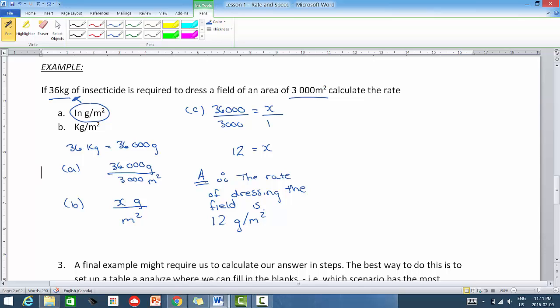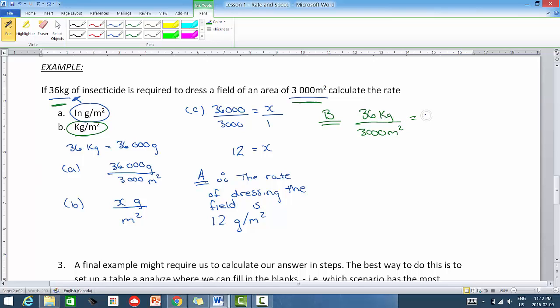So that was A. We're going to look at B this time. So B in kilograms per meter squared. It's already in kilograms, already in meters squared, so we don't have to change anything. So we'll start B up here. We have 36 kilograms per 3,000 meters squared.